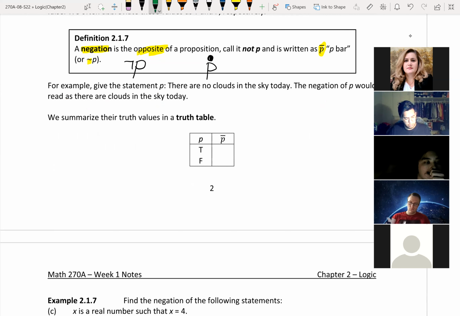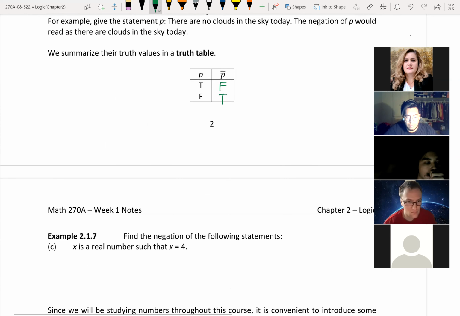As we know, for the truth table, if one statement is true, the negation of that has to be false. If one statement is false, the negation of that has to be true. Make sense by now?